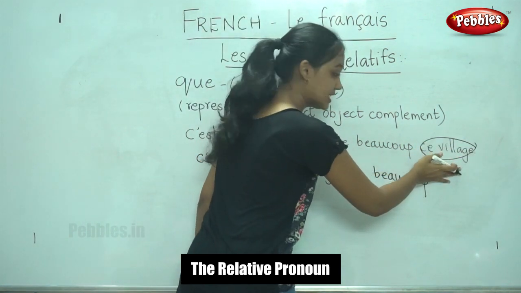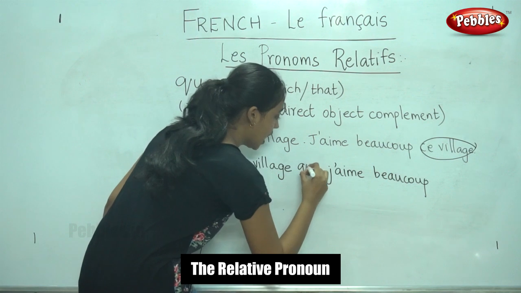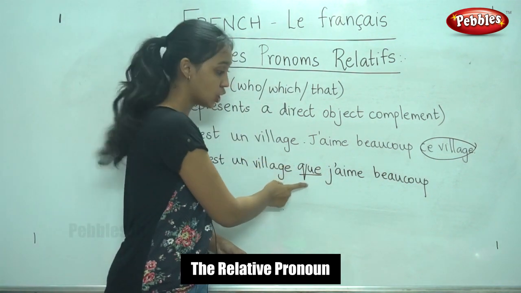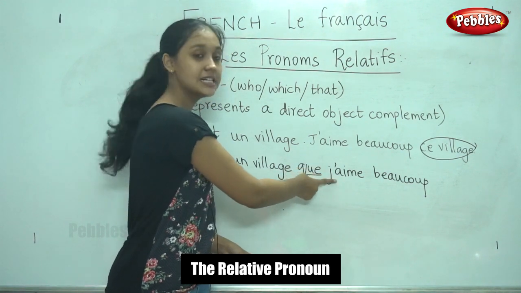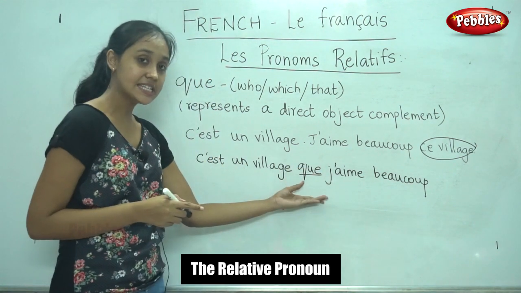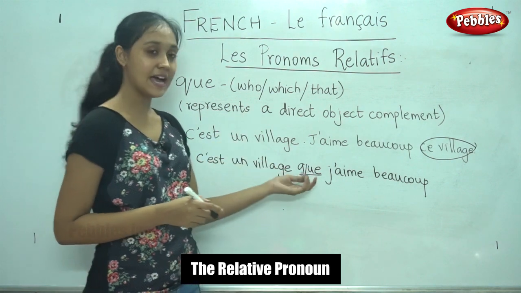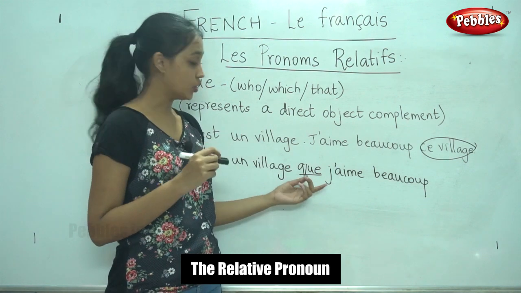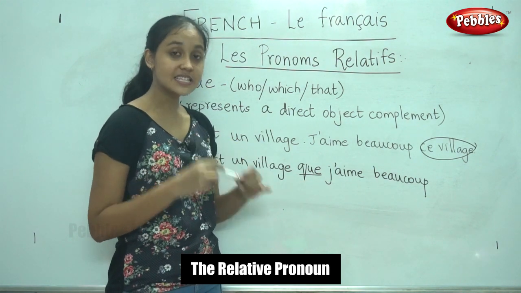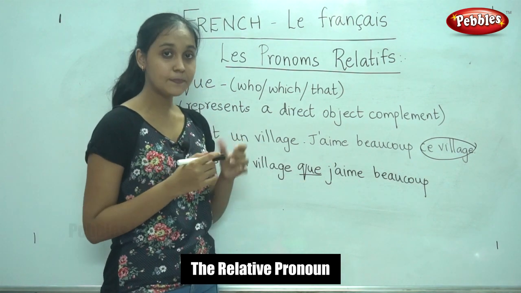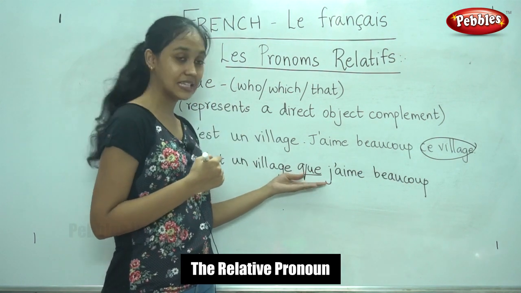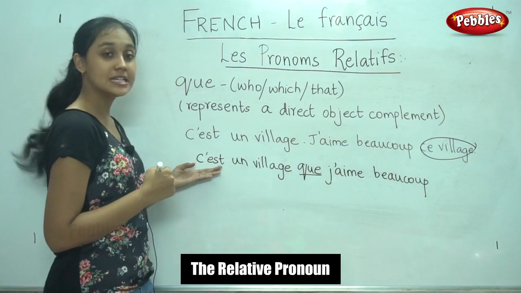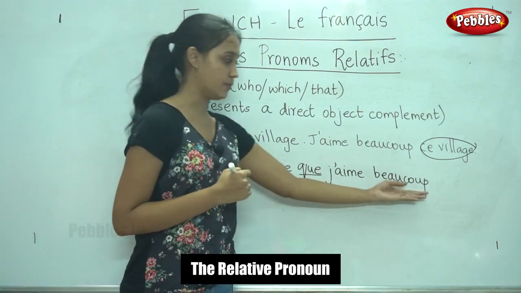So, instead of this word, we are using que. If you notice, que is always followed by a subject. Qui is followed by a verb, and que is followed by a subject. So you have to take a note of this point, because this is going to help us differentiate between places where we must use qui and places where we need to use que. So, c'est un village que j'aime beaucoup.